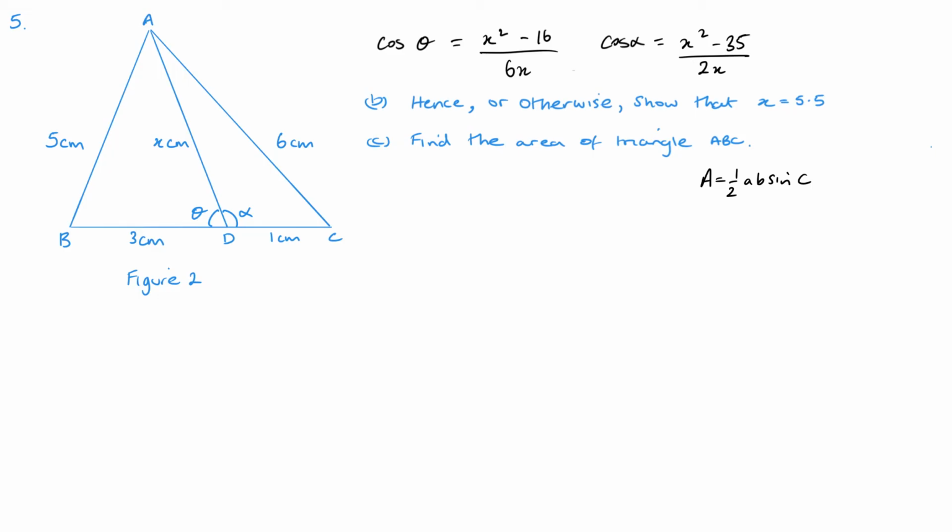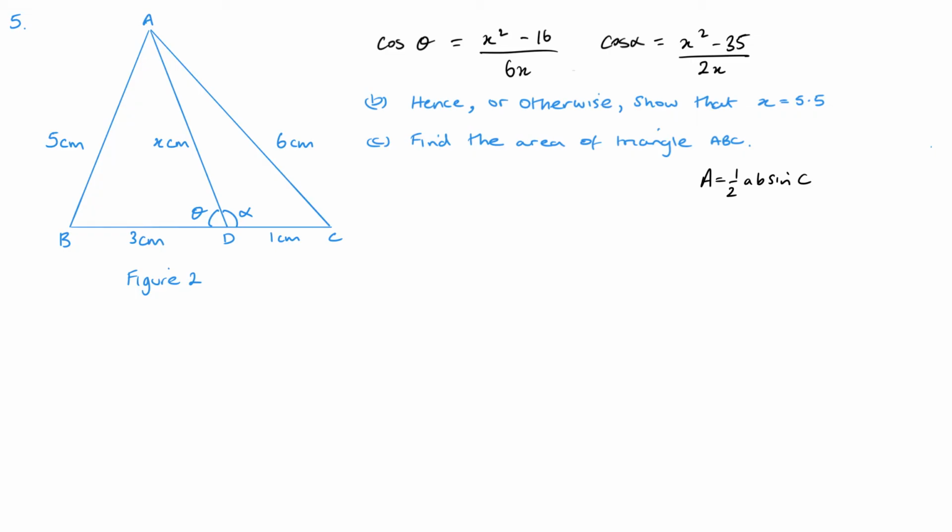Now, to be able to do this with sine C, I would need either this angle here, so I need this one and this one, or I'd need this angle here at B, or this angle here at C. So a few ways to do it.